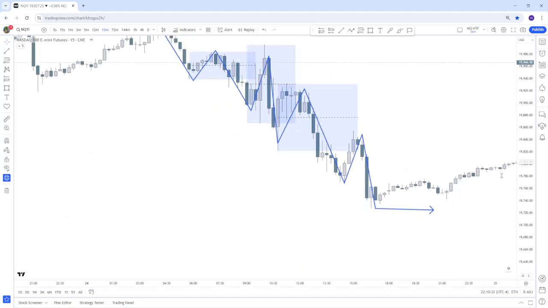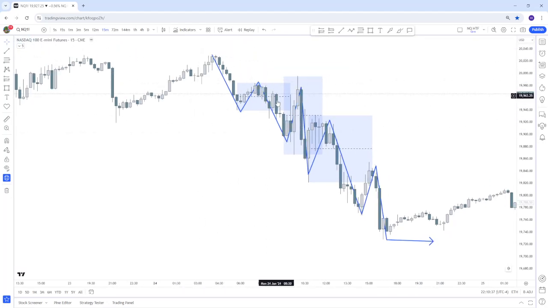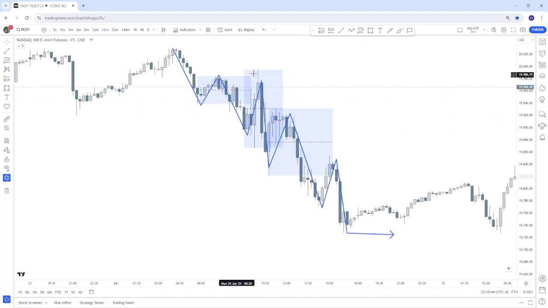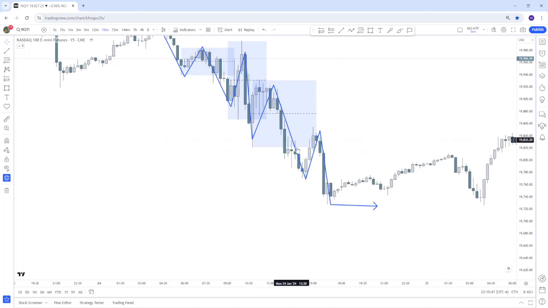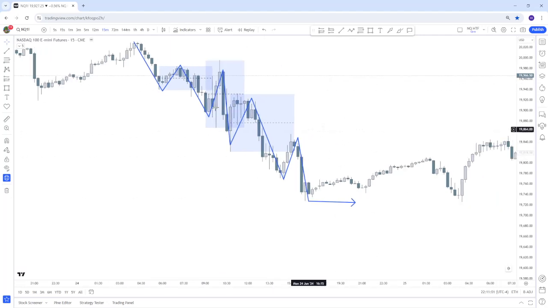And you'll see that typically this is how price always moves. Price creates a zone, it leaves the zone, taps back in the zone, leaves again. Creates a zone, leaves the zone, taps back in the zone, leaves again. And this is just market structure. So there are strategies out there, like I said, that are trend trading strategies where you're trading just based off of market structure and the continuation of the trend.